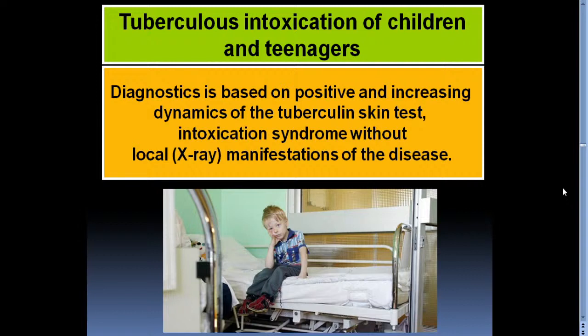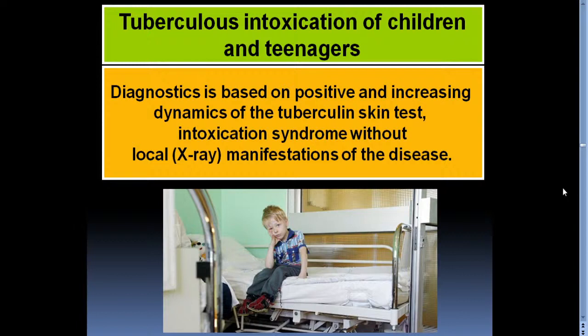Tuberculous intoxication of children and teenagers. Diagnostics is based on positive and increasing dynamics of the tuberculin skin test. Intoxication syndrome without local X-ray manifestations of the disease.